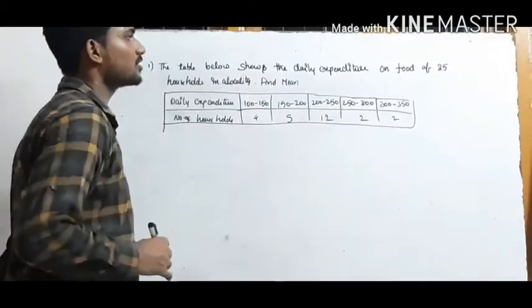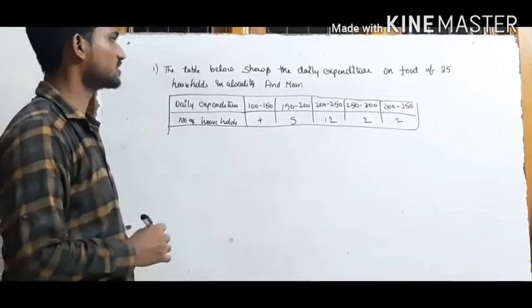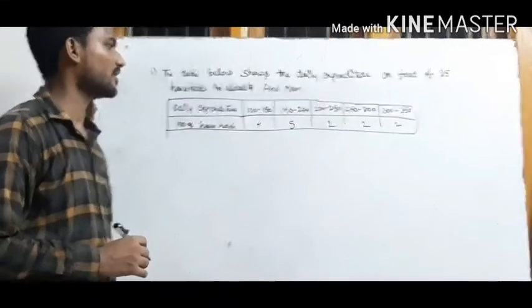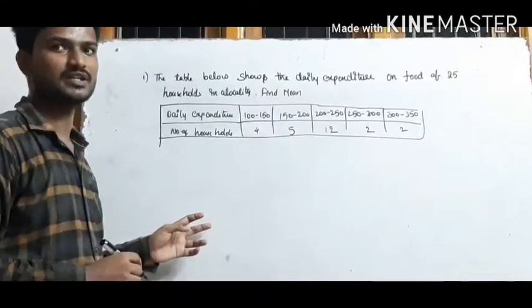The table below shows the daily expenditure on food of 25 households in a locality. Find the mean. We can do this mean using the step deviation method.